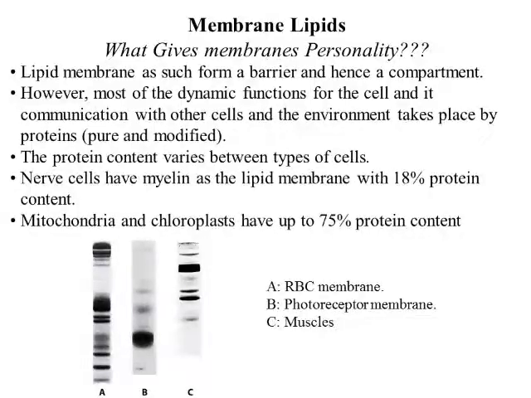Red blood cells, that's A. Photoreceptors, that's B. And then we have muscles, C. You can see they totally have different protein contents. There might be some overlap in some proteins here and there, but they have different protein profiles. And that, of course, is a testament to their different jobs in our bodies.